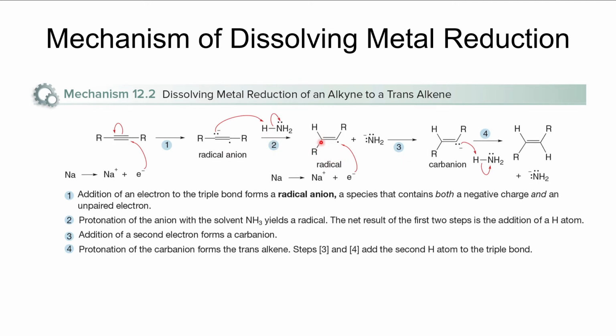That radical is now electron deficient, and it will take another electron from a sodium, and that will form a carbanion, which is a vinyl carbanion. That vinyl carbanion will arrange itself so that the R groups are trans to each other, and then it will deprotonate the ammonia, and we'll end up getting this trans alkene. Pretty cool.